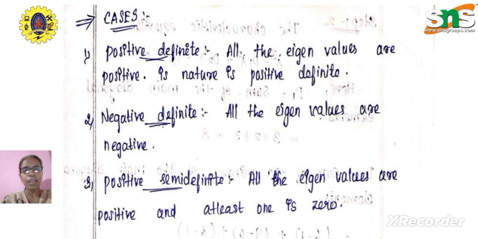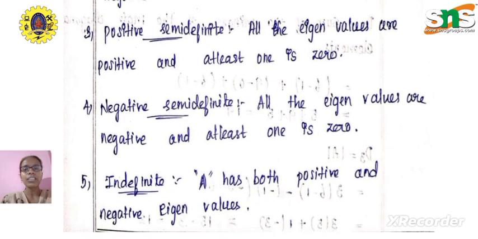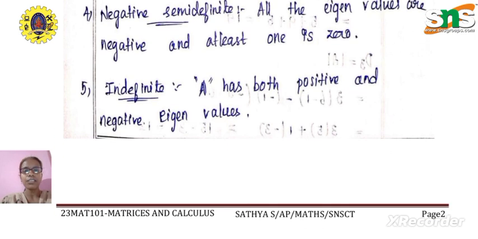For example, one is 0 and the remaining 2 are positive, which is called positive semi-definite. And the next thing is all the eigenvalues are negative and at least one should be 0, which is called negative semi-definite. The next thing is indefinite, which means we will have both cases, positive and negative eigenvalues. A combination of both is called indefinite.